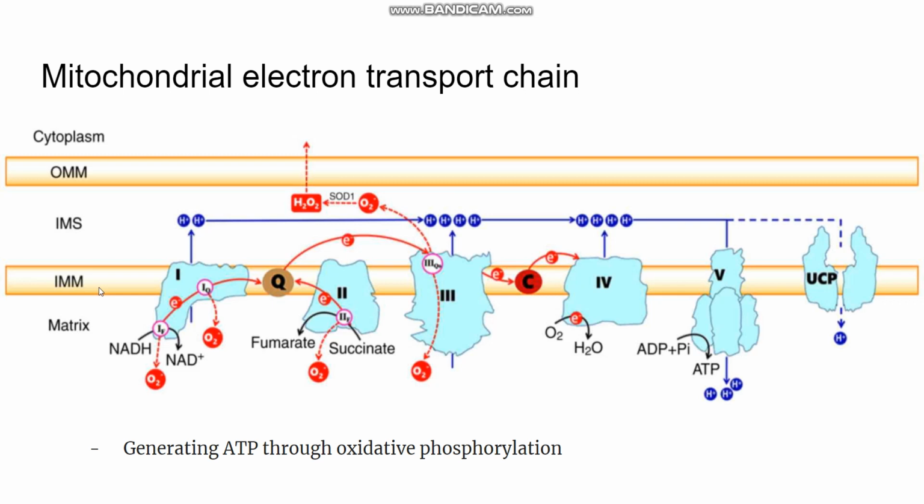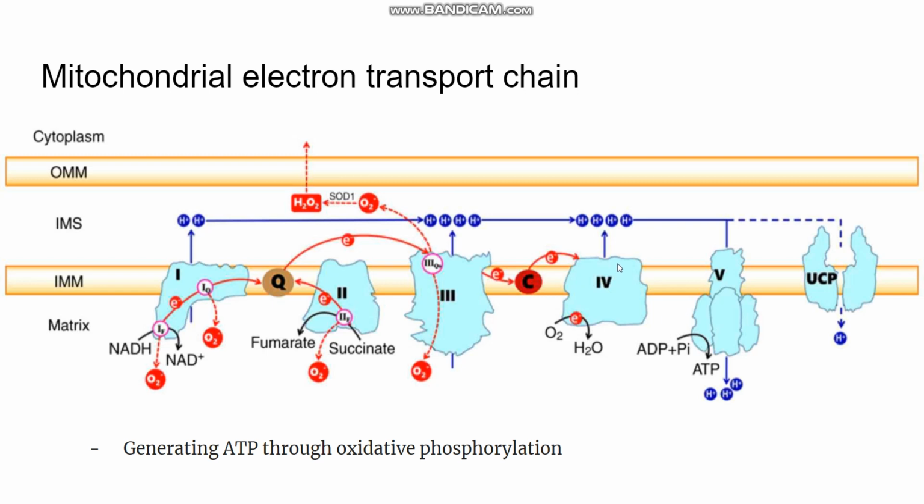And here we have protein molecules that are part of bigger protein complexes. This is what you see here, protein complex 1, 2, 3, 4, and so on. And also attached to that we have ATP synthase.